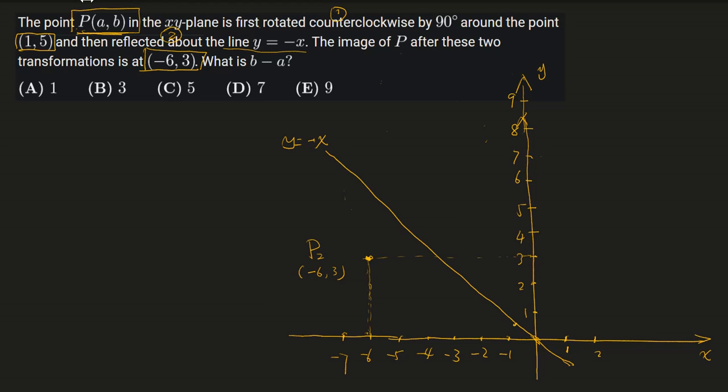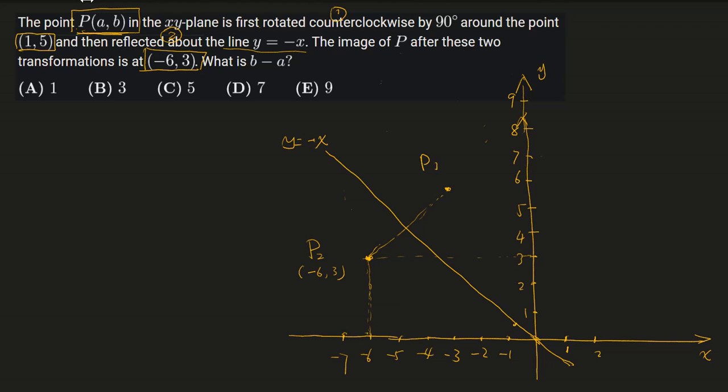So like we said, we need to perform these operations reversely. Then we need to first find the location of this P1 before this reflection. What are the coordinates of that point? We need to reflect this point P2 reversely about this line. And then that will be like this. Then the question is, what are the coordinates of this P1? And the answer is actually quite simple.